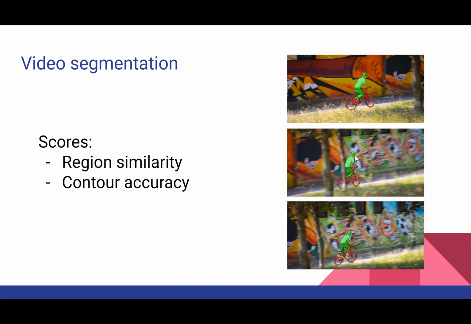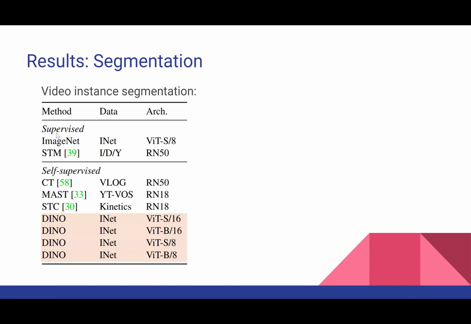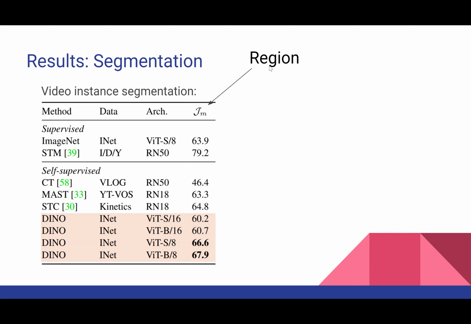If we look at the table here, we have a supervised approach, different self-supervised approaches, and Dyno with different data and different architectures. For intersection over union, the highest score is supervised, and among the self-supervised, the highest score is with Dyno.